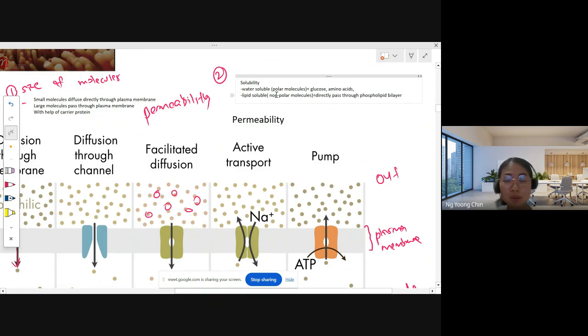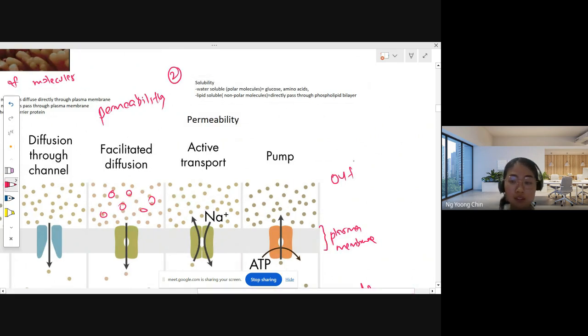Those polar molecules are unable to pass directly through the membrane because they are polar. Your phospholipid barrier, this plasma membrane, is non-polar. Its characteristic is that it is lipid soluble and non-polar.